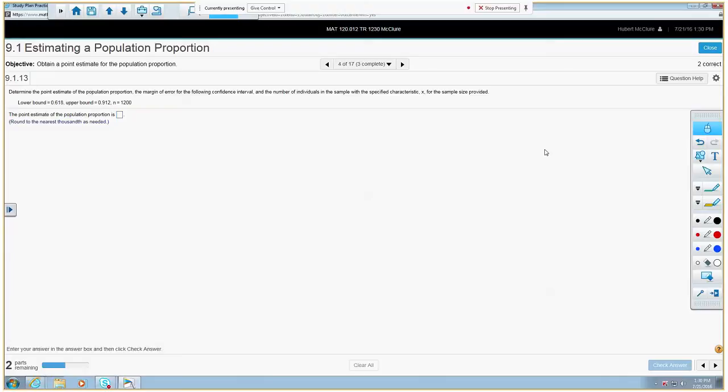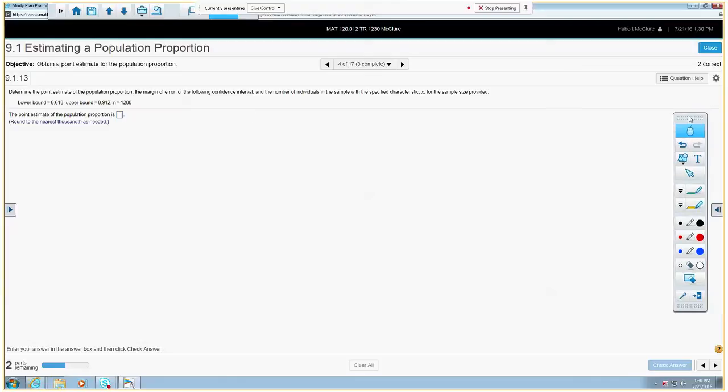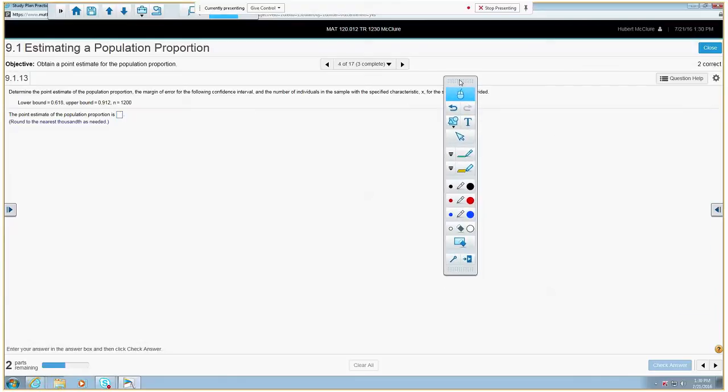Y'all done? I am. Like we did in the first one, we know that the upper bound is 91% and the lower bound is 62%.